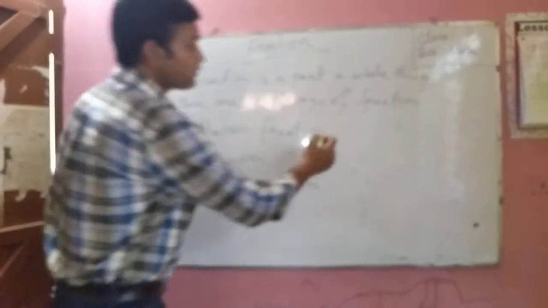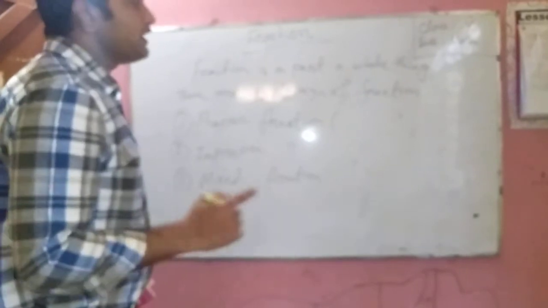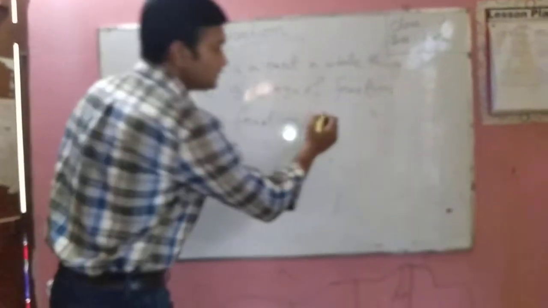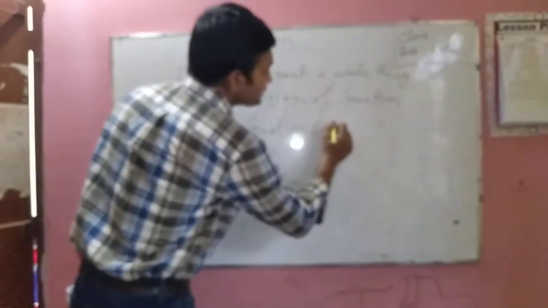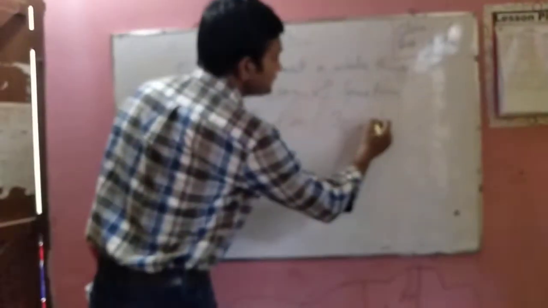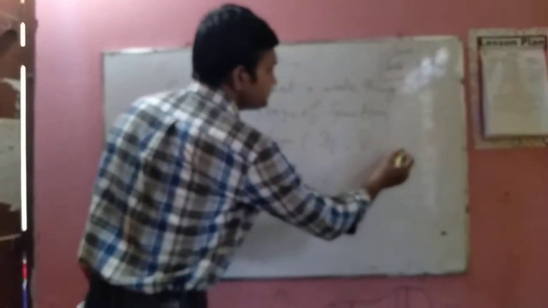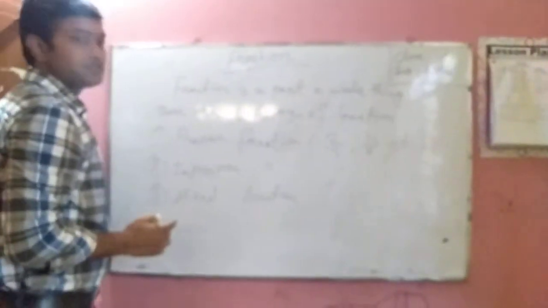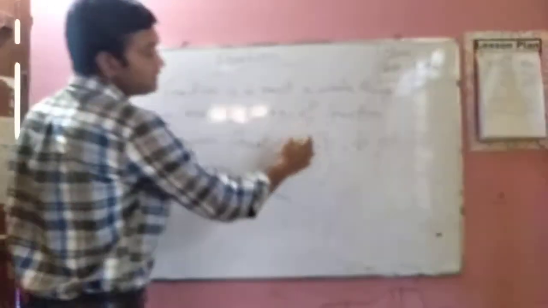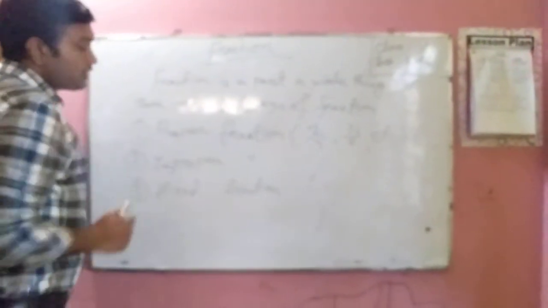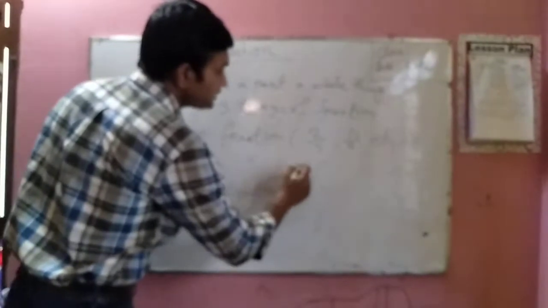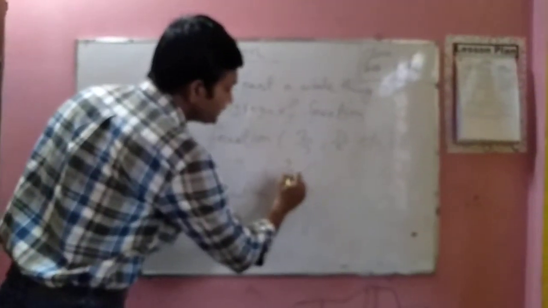And do you know what a proper fraction is? When the numerator is less than the denominator, like 2/3, 1/5, etc. The numerator is less than the denominator. On the other hand, improper fraction, an example is 3/2.